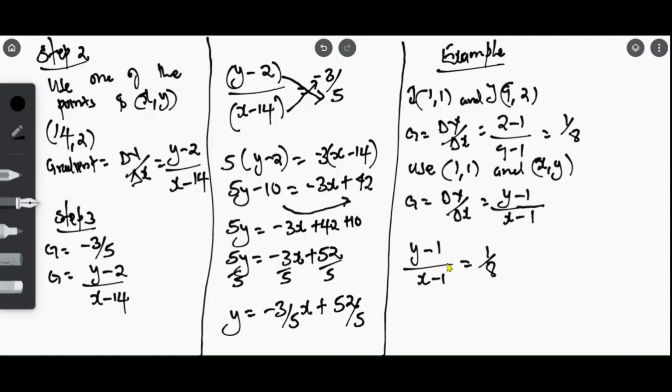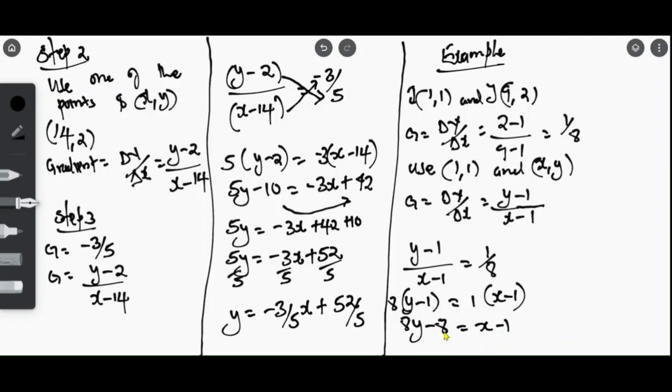Then I cross multiply: y minus 1 multiplied by 8 equals x minus 1 multiplied by 1. If I open this bracket, this will be 8y minus 8 equals x minus 1.